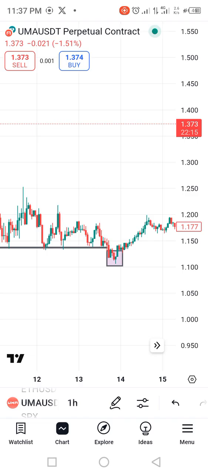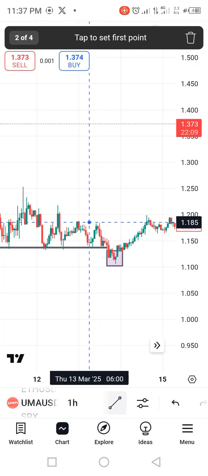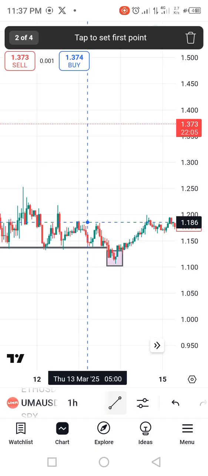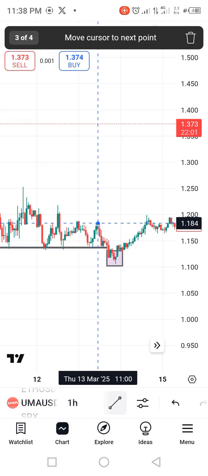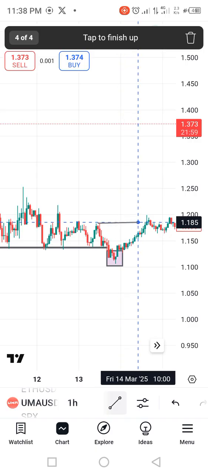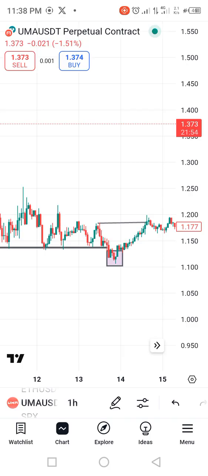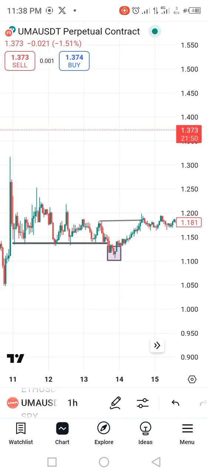Now, you have to wait. The moment you see price come back and trade above the high that led to the manipulation, that is when you know that this AMD setup is complete.